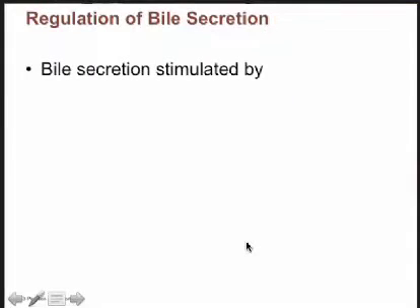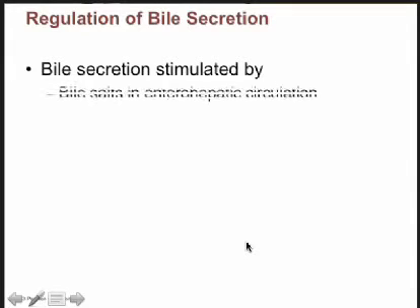Okay, bile secretion. Remember, bile is the detergent that helps us emulsify the fat that comes in with the chyme of the stomach. The reason, again, for that is to give the pancreatic lipase a little extra surface area to work on in order to degrade the fats into fatty acids and glycerol.